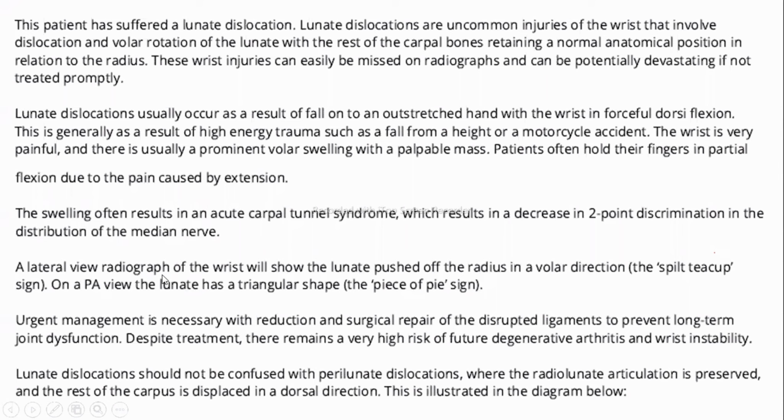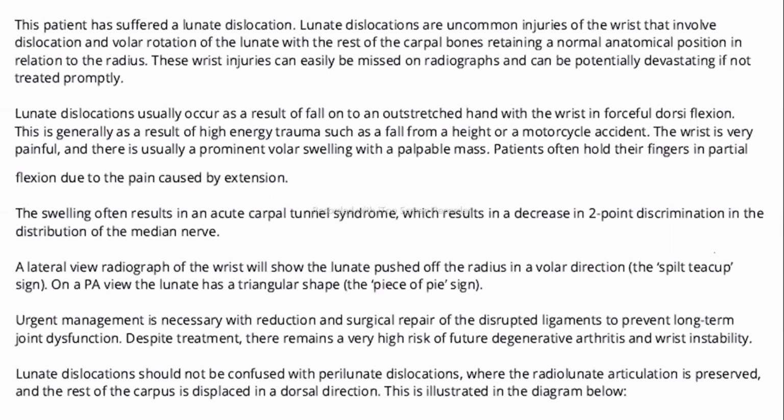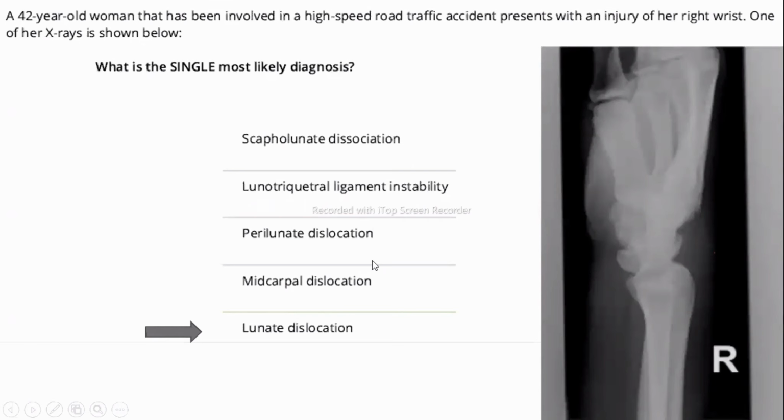If they ask you which view is better, lateral view. The lateral view radiograph of the wrist will show the lunate displaced off the radius in volar direction. So if they ask you what is the abnormality here, the lunate is displaced volar or dorsal? Volar.